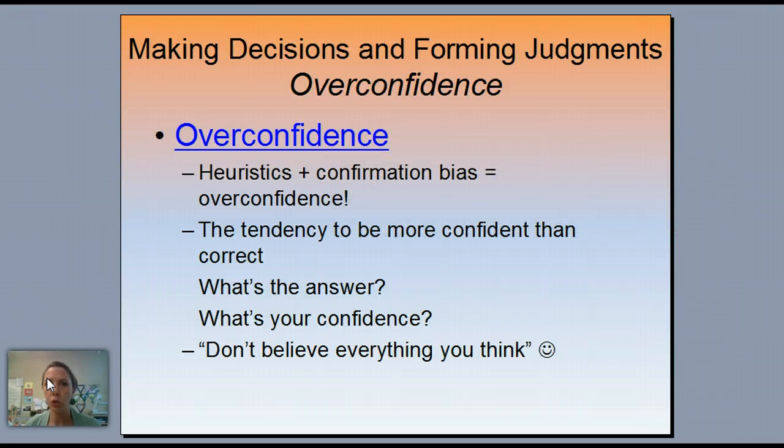And people tend to rate themselves very high on their confidence. So I chose B and I'm 90% confident. I chose A and I'm 100% confident. I'm 50% confident. But even on the wrong answers, they were pretty confident that they had the right ones because it was in their availability, their heuristics, their mental shortcuts, the tendency to want to agree with what you chose.